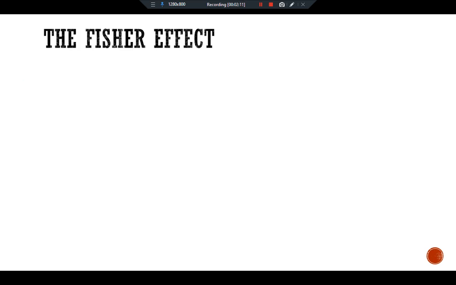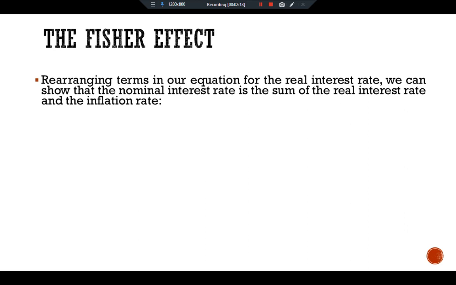Fisher effect. Rearrange the terms in our equation for the real interest rate. We can show that the nominal interest rate is the sum of the real interest rate and the inflation rate. So our equation becomes i = r + pi.